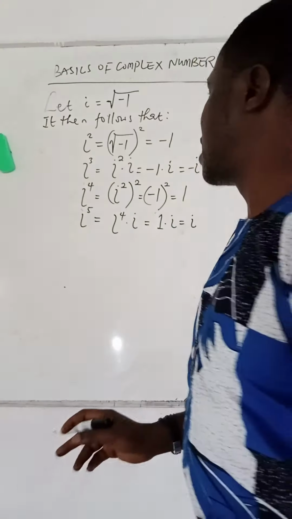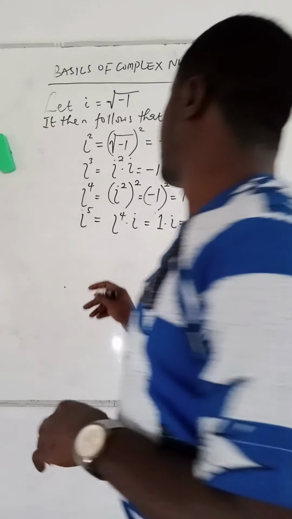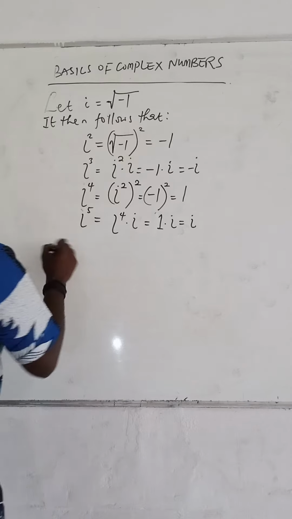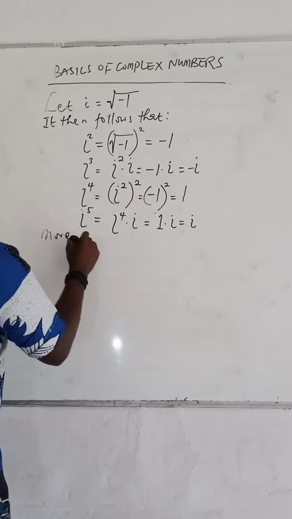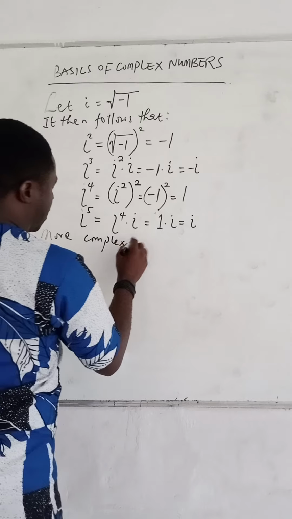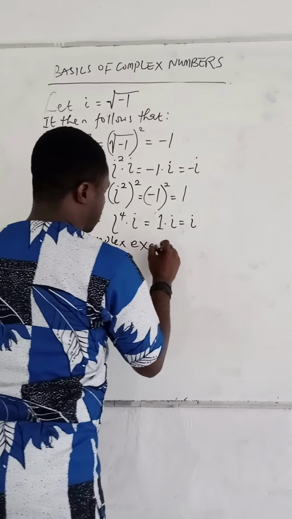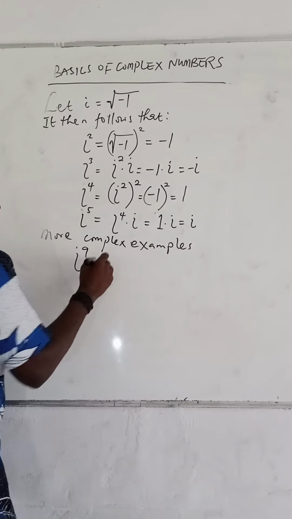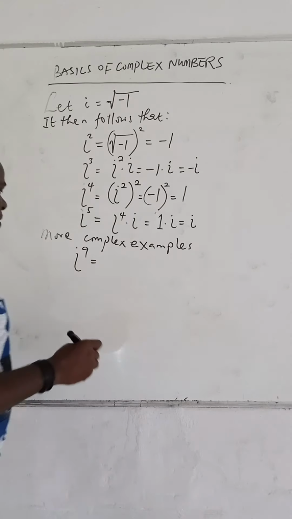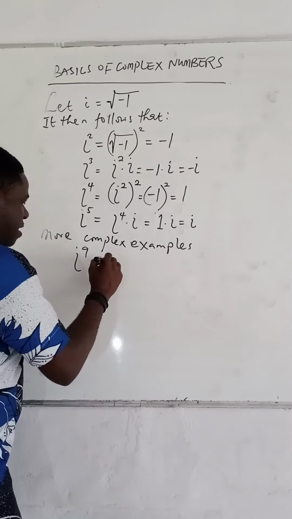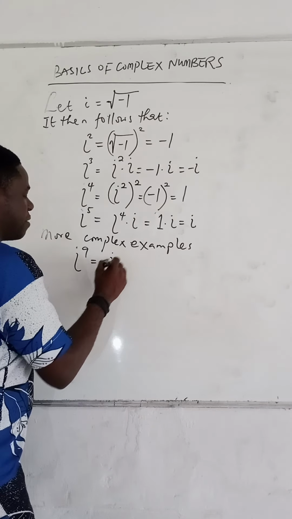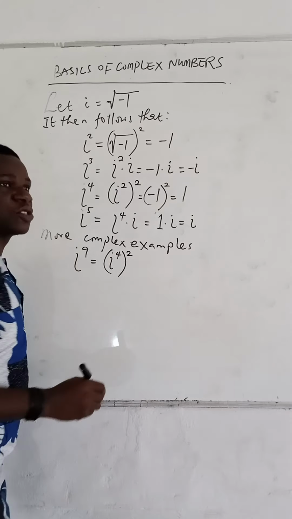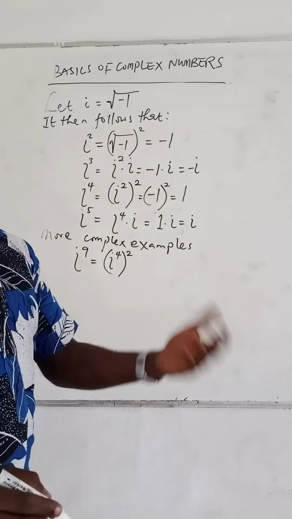For instance, if we take i raised to power 9, it is the same thing as i raised to power 4 all squared, and 4 times 2 is 8.